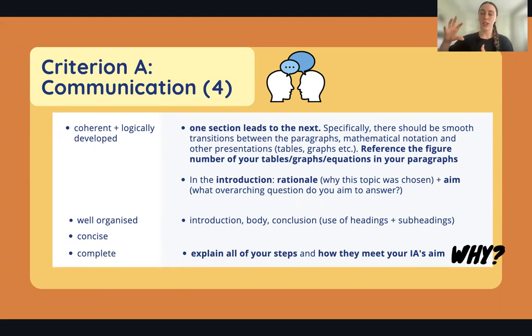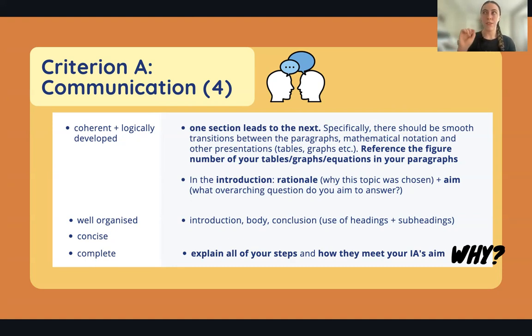So often you'll put the full working out or the full results in your appendices, but you'll put a sample equation or a summarized table of the results in your actual IA. Obviously, this all depends on how much data you're processing and how much space you have in your IA, but that's the deal with appendices.